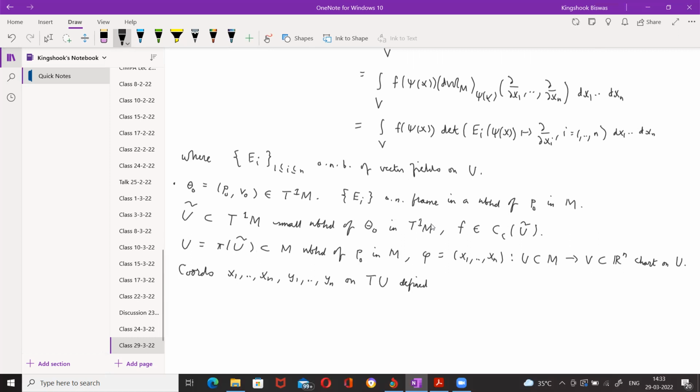The y_i's are basically the coefficients of a tangent vector with respect to this orthonormal frame e_i.